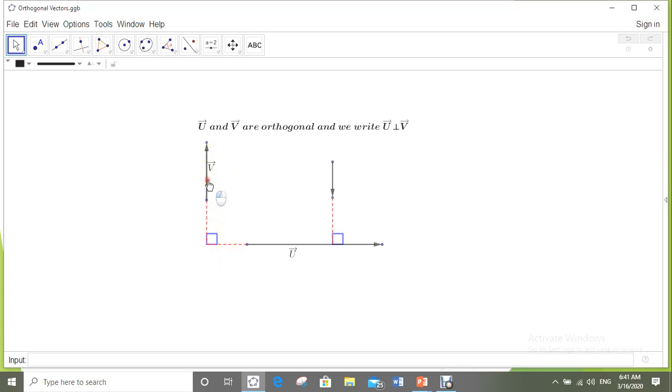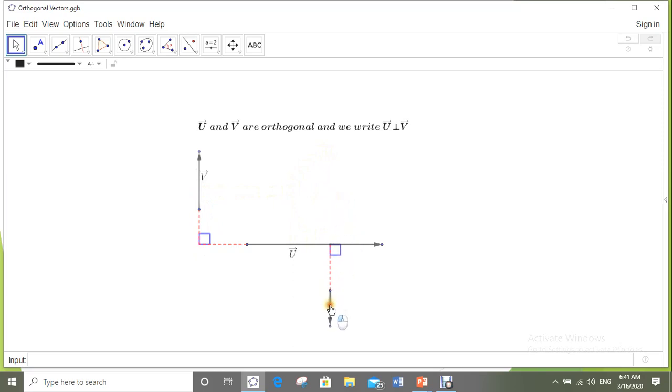And we can notice easily that the geometric angle between u and v is 90, so they are orthogonal vectors. We may have them in another position like this.